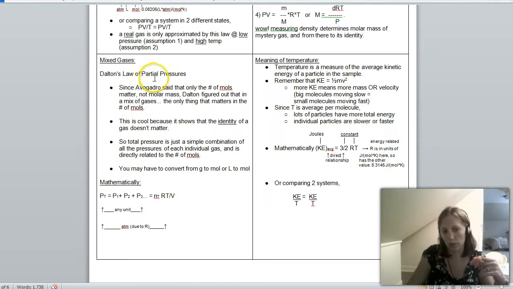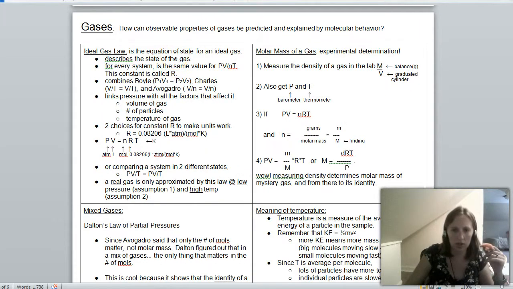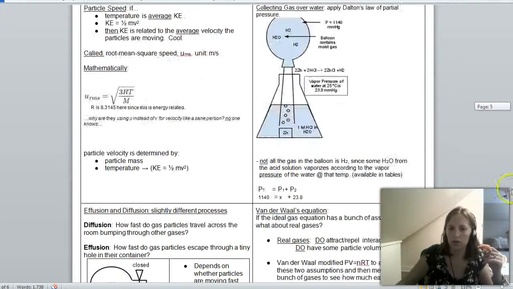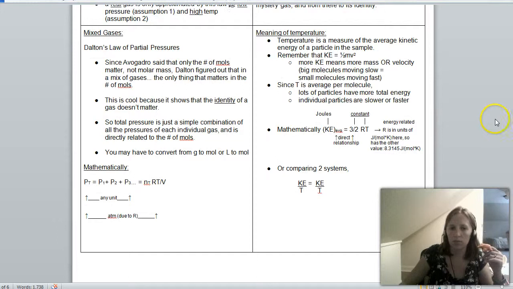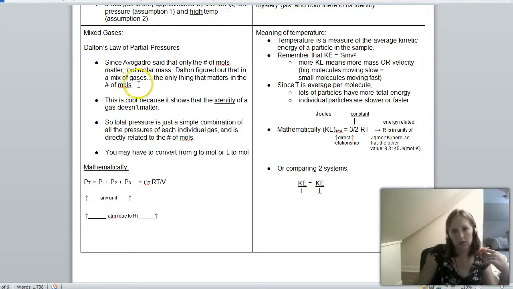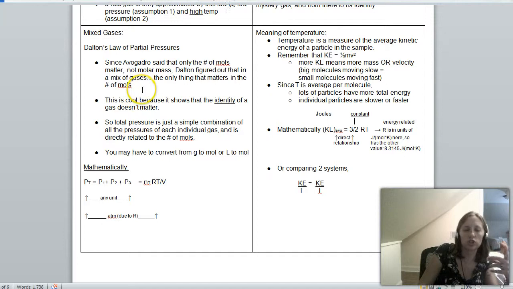You could think that maybe the size of the gas mattered, so maybe the molar mass or the particle size, but it actually turns out that the only thing that matters in terms of how much of the total pressure a gas contributes is the number of moles.